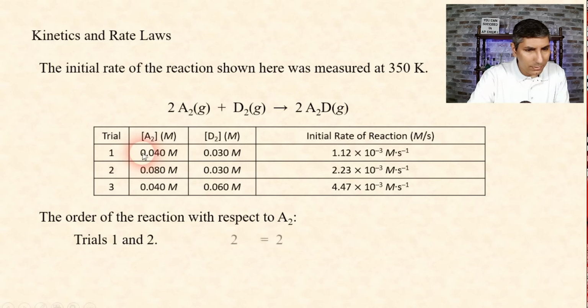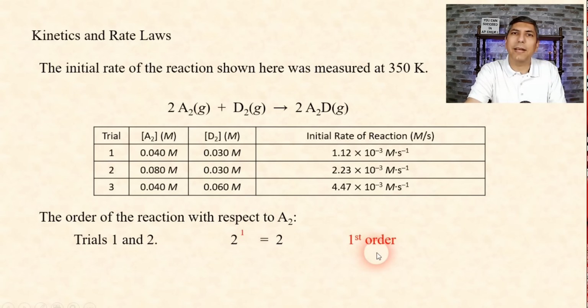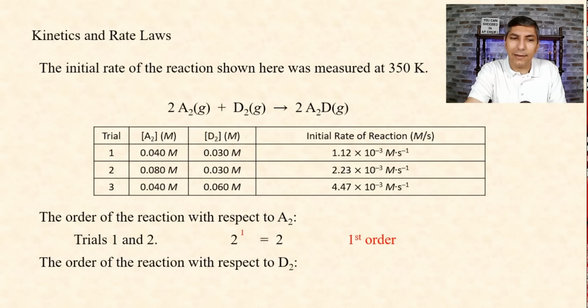So it looks like A2 is doubling, while the rate is basically doubling as well. So we have to ask ourselves, 2 raised to what power is equal to 2? Well, the power is 1. So that's why we would say that it is first order with respect to A2. Now let's do the same thing with the other reactant, D2.